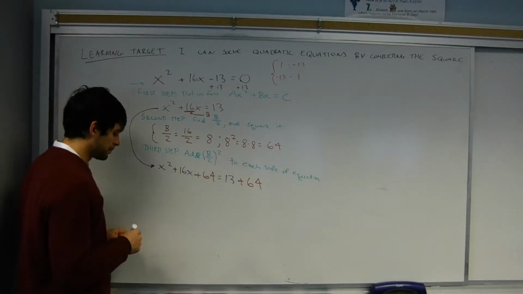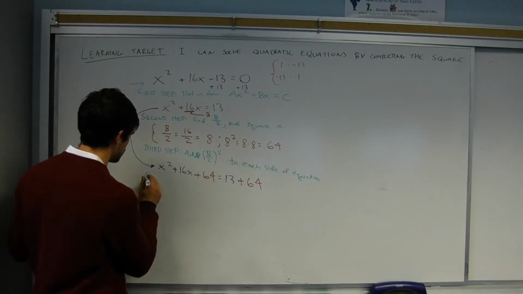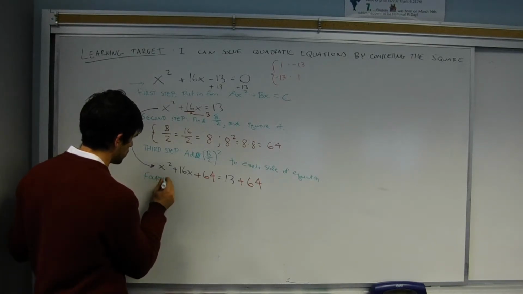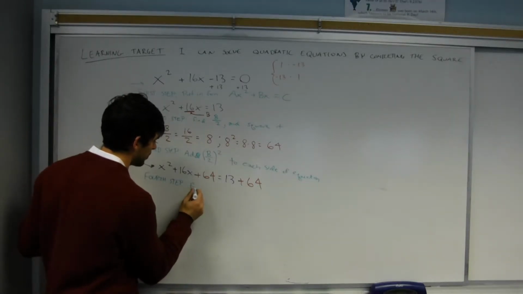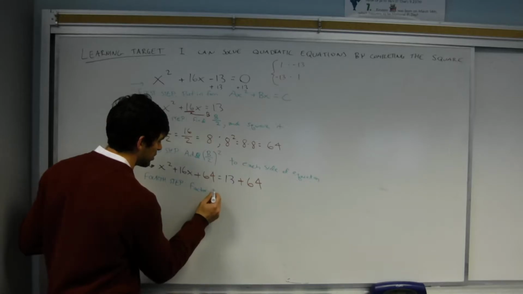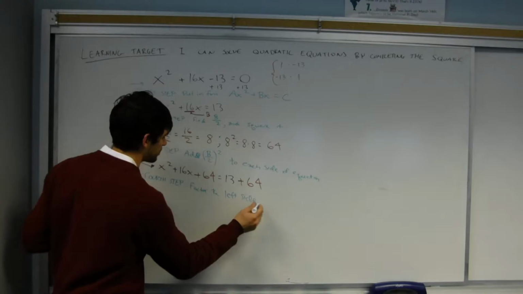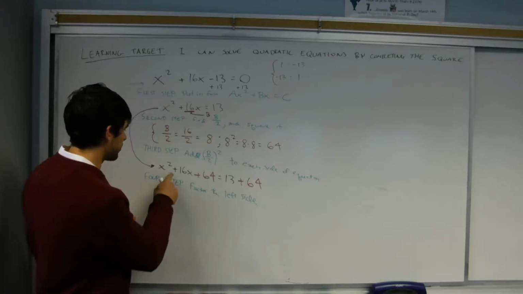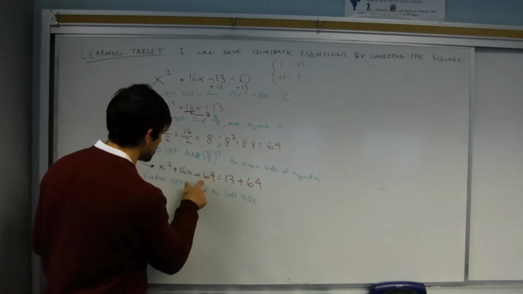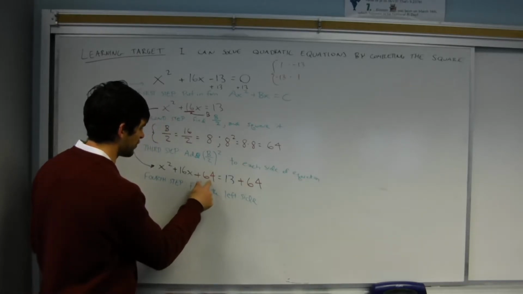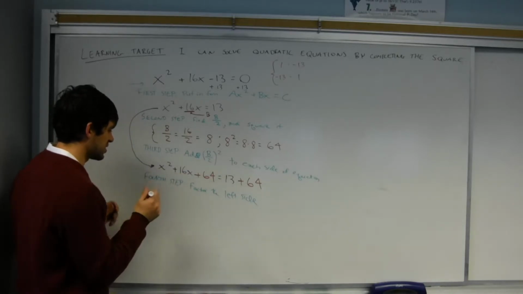So now, the fourth step would be we want to factor the left side. So what do we notice about this? We can factor this, since we have a 64 here. 64 is equal to 8 times 8, and 8 plus 8 is also equal to 16.